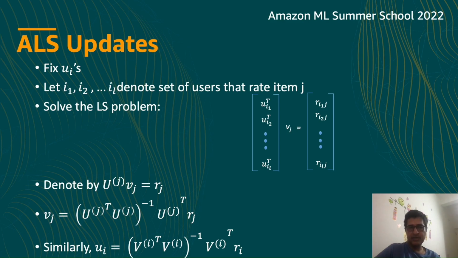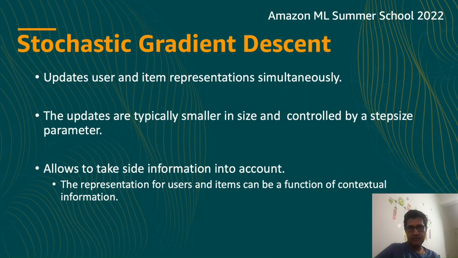You already know what the ratings are, and then once you have realized the V's, you back propagate, and then you try and estimate what the U's look like. Okay, and there are versions of this where you can update the user and item representations simultaneously as well. Those are much faster versions of achieving, I would say, the optimized estimates of U and V themselves.